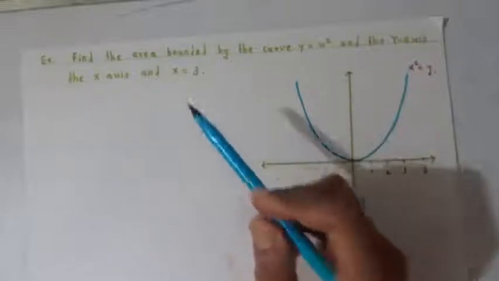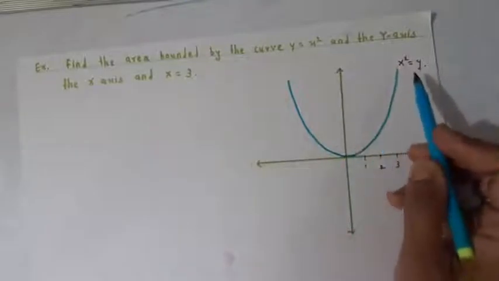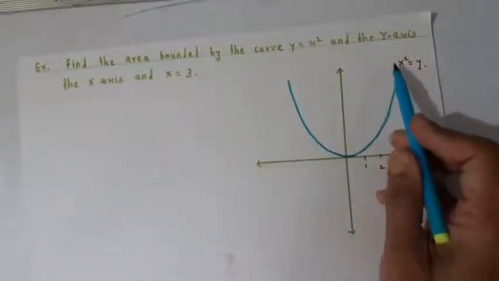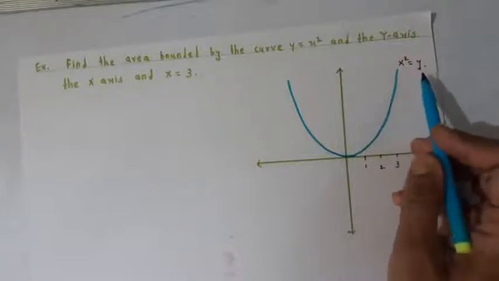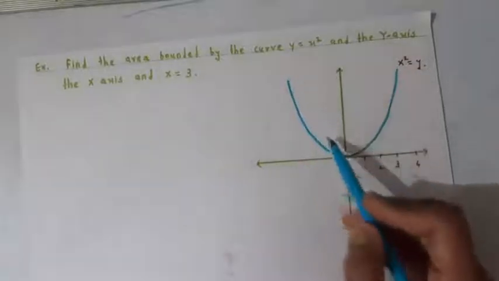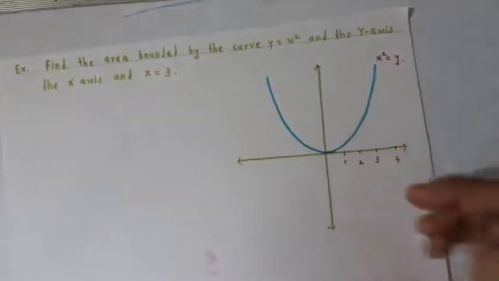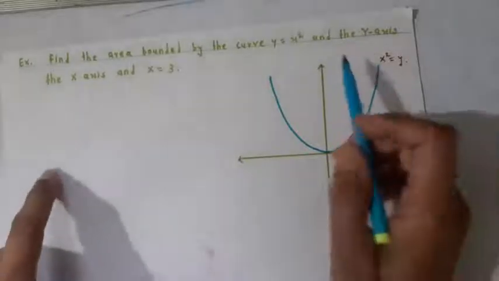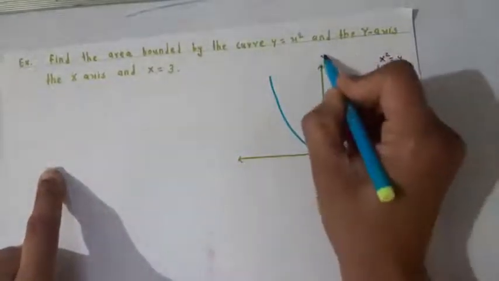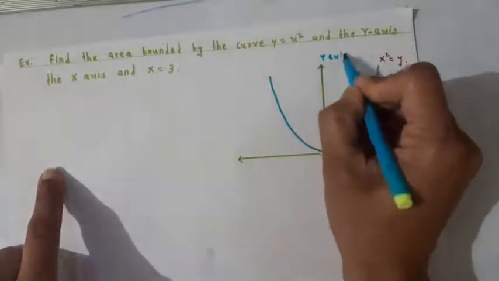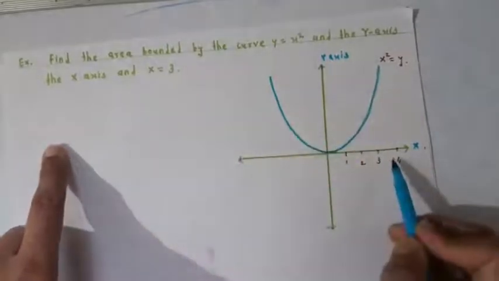Okay students, see here, suppose this is the curve x square equal to y, means y equal to x square, and this is the type of parabola x square equal to 4by, a parabola along the y axis. This is the y axis, this is the x axis, and the line x equal to 3.